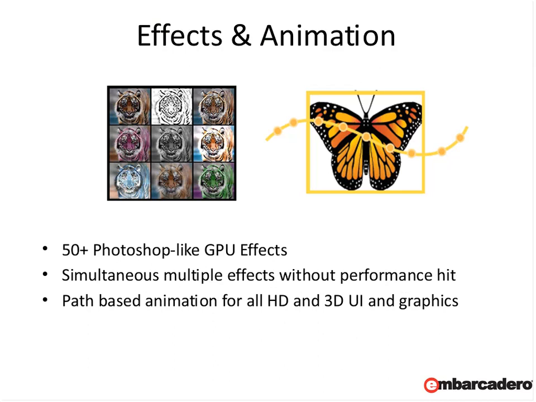So for example, you could have a glow effect that is triggered by somebody rolling their cursor over a button or a field. You can also have simultaneous multiple effects without a performance hit. So you're really able to build very powerful user interfaces that are very feature-rich and also data-rich for your customer base. And we also offer path-based animation for all HD and 3D user interface and graphics as well.